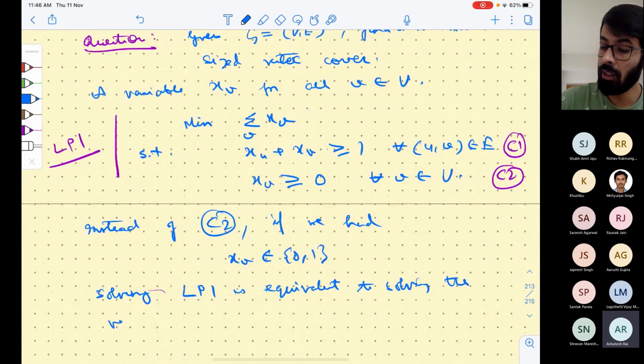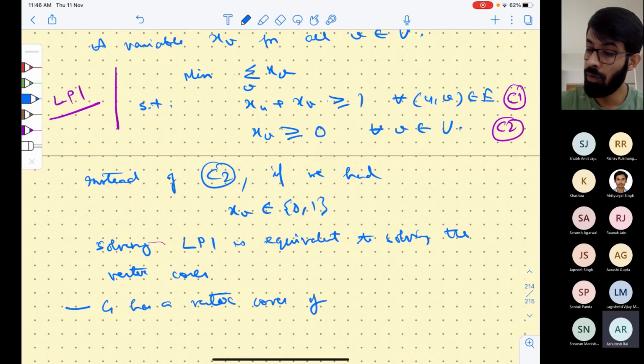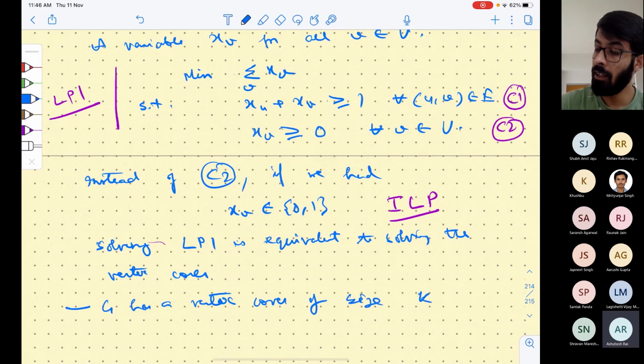I'm not going to show this. So what does it mean? Call this ILP, when instead of constraint 2 we have xv belongs to 0, 1. So G has a vertex cover of size K if and only if ILP has a solution with objective value K, right?